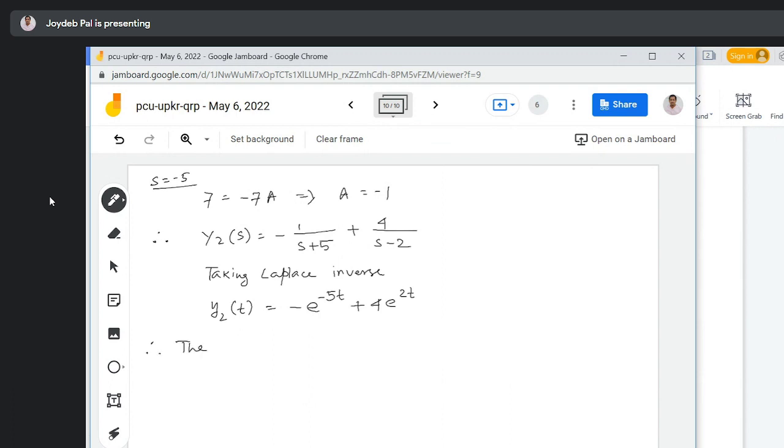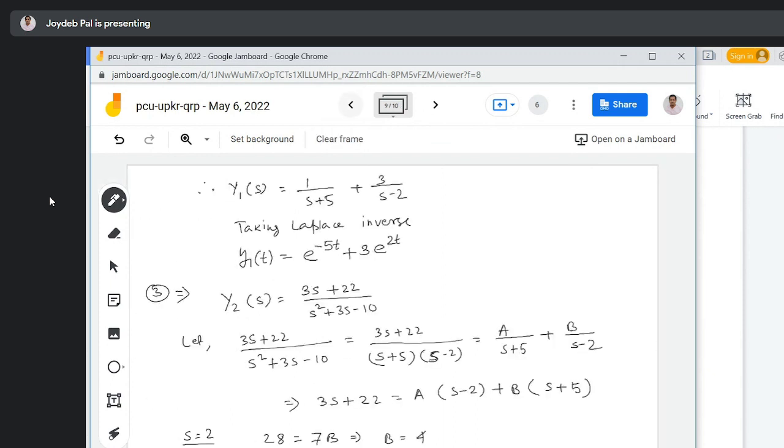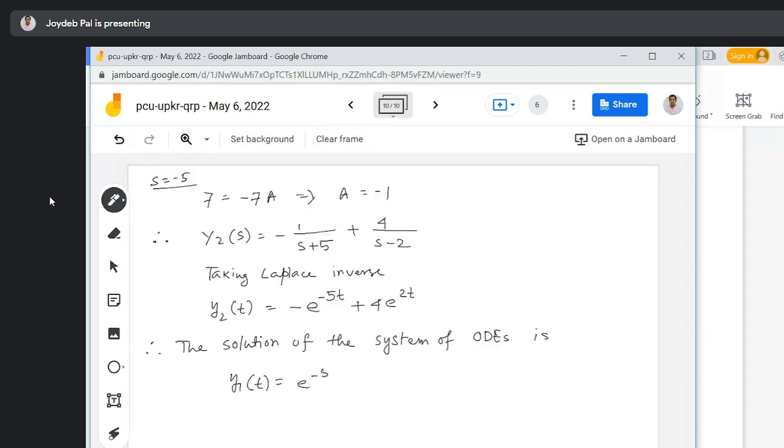Therefore, the solution of the system of ODEs is: you just write them together, y1 and y2. y1t equals e to the power minus 5t plus 3 e to the power 2t, and y2t equals minus e to the power minus 5t plus 4 e to the power 2t.